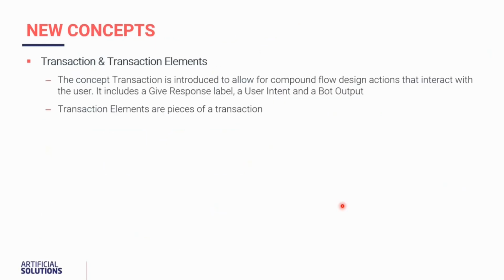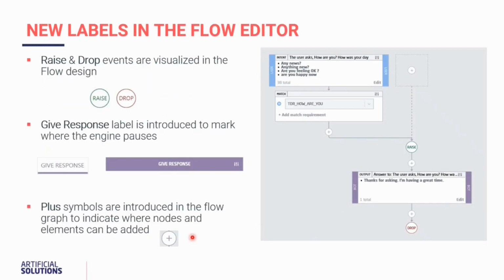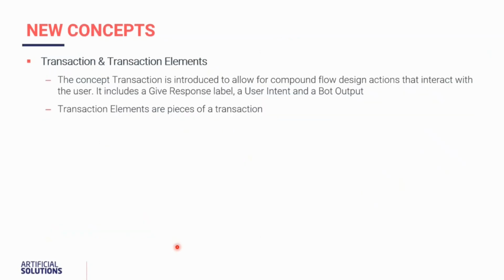Apart from that, we have introduced some new concepts. So we have introduced the concept of a transaction and transaction elements. We will see these concepts when we click on the plus icons. Okay, so they will appear here. A transaction is, let's say, the full thing where we will give a response label.